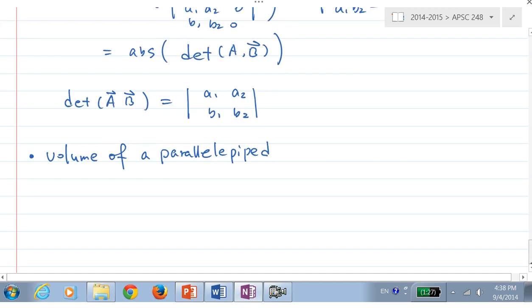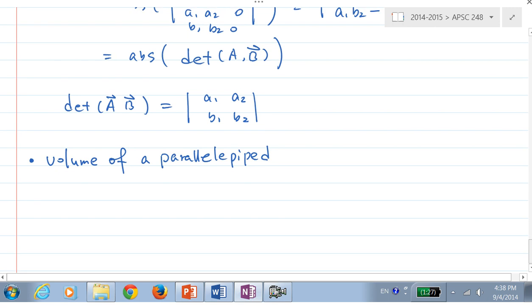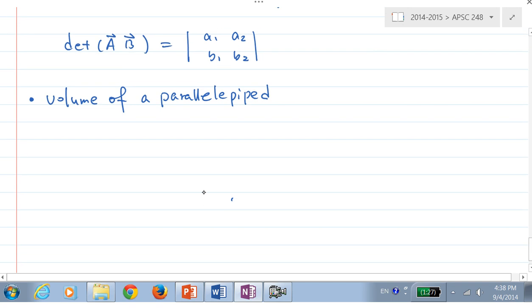What we mean is basically, I'll draw it here. Given three vectors A, B, C. So let's see, this is the B vector here, this is the C vector, and this is the A vector.